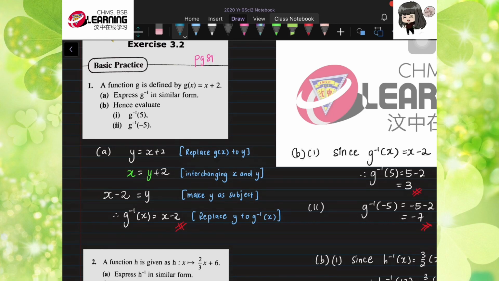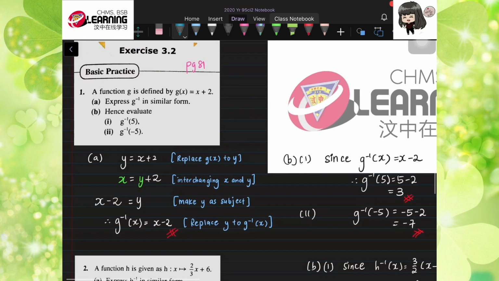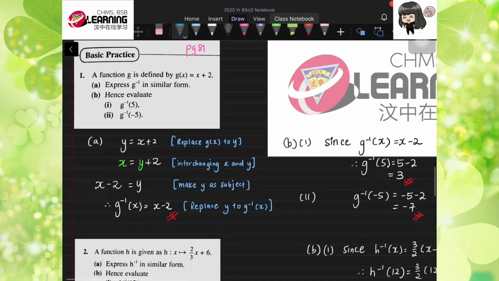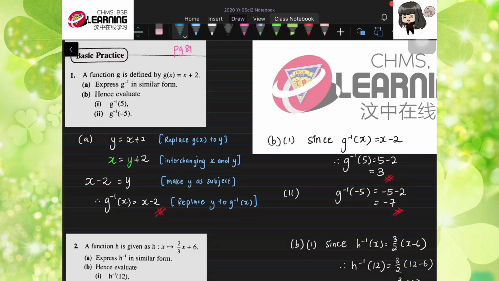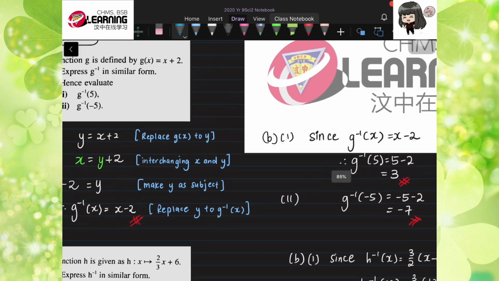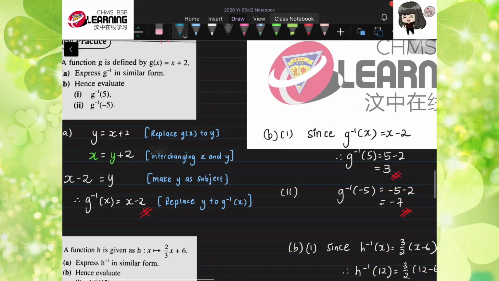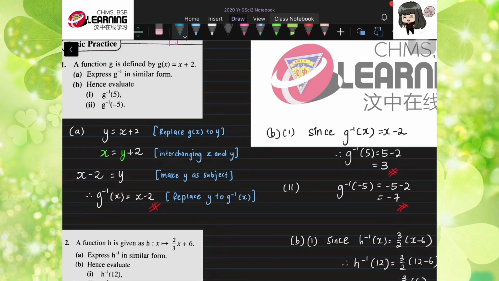Because of the inverse, the input will become output, and the output will become input. Then you make y the subject, and there you go, your inverse function. Part A to find the inverse, part B first part, second part. I highlighted the answer using hashtag, if you can see that.